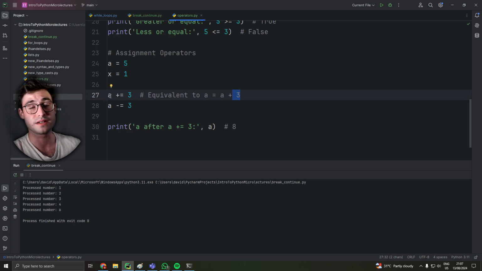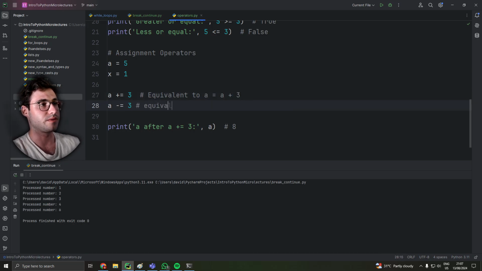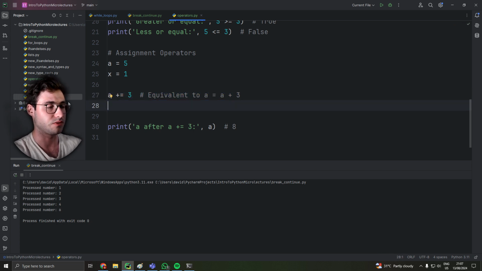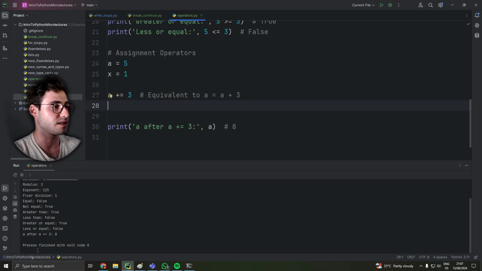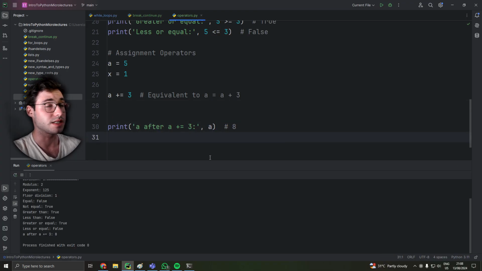So a plus equals 3 will be equal to a equals a plus 3. Same for this, it will be equivalent to a equals a minus 3. So if we just remove this and run it, you will see that a will be 8.